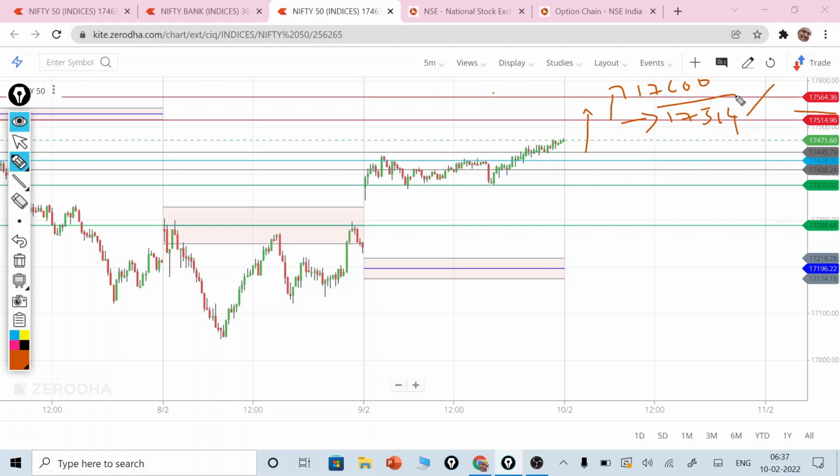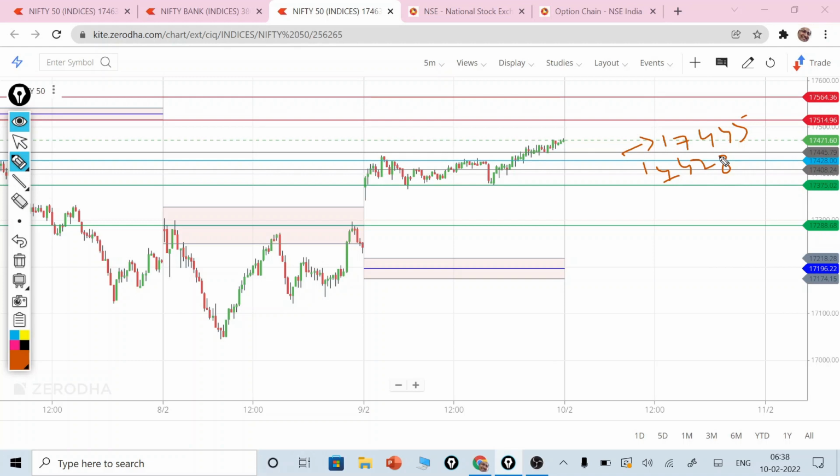Now what happens if it does not sustain above 17,445? That is here. And it comes to the pivot, which is around 17,428.